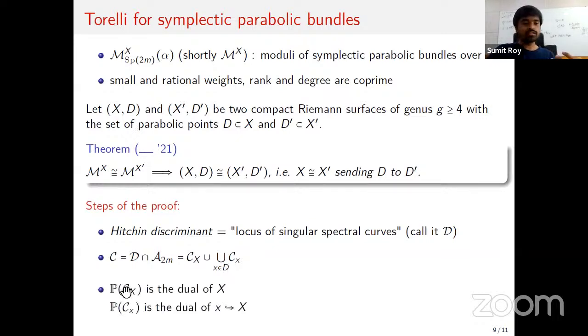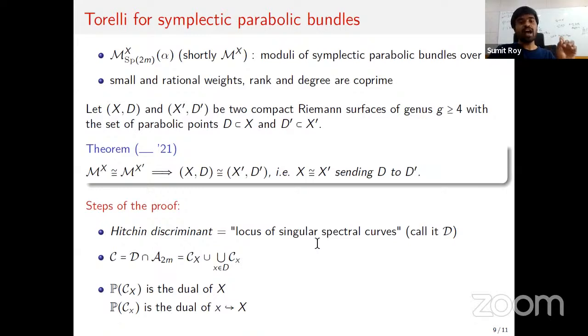The projectivization of this C_X component is a dual of the curve X, and the projectivization of this C small x is a dual of small x. The Hitchin discriminant, this locus of the singular spectral curves, can be defined uniquely. That's the main part.